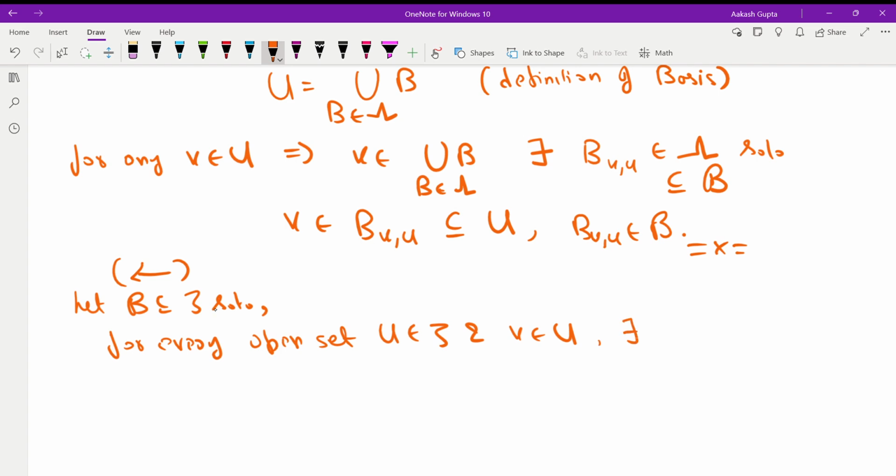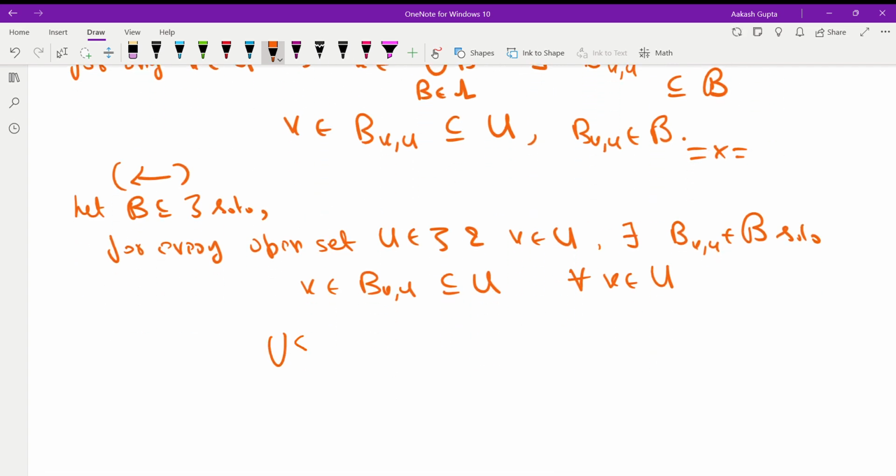There exists B_{x,U} in script B such that x should be inside B_{x,U}, which is inside U. Now the same logic as above. This is happening for every U, for every x in U. So what you can do is you can take these kind of unions here.